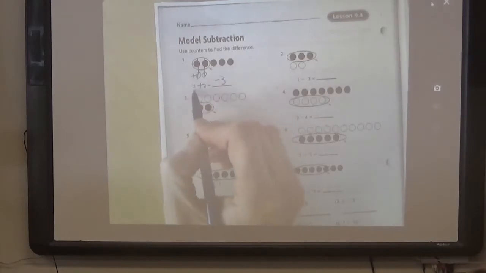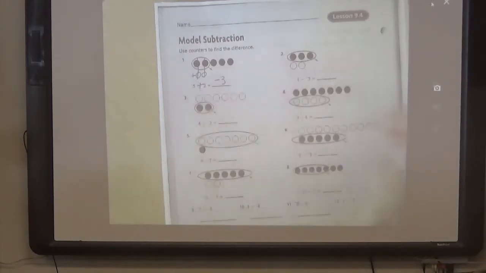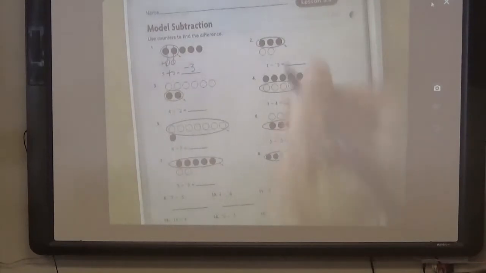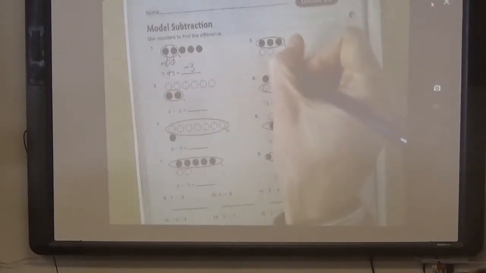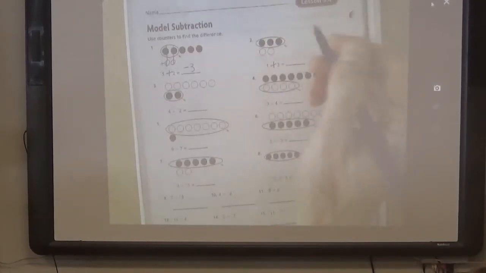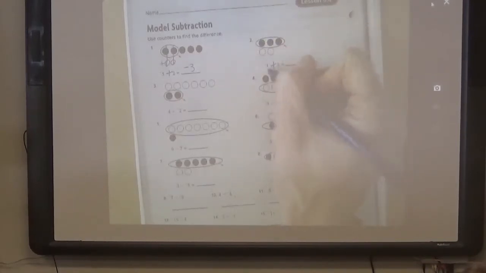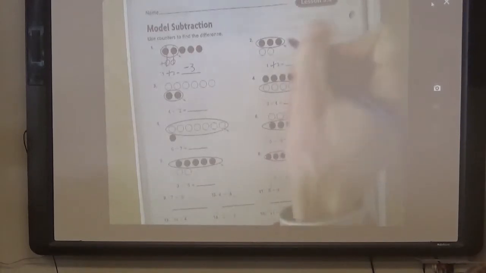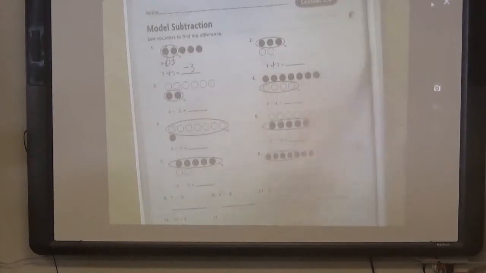Okay? Negative 5, look on your worksheet. Negative 5 plus 2. How about this one? Negative 1 plus 3. This model doesn't make sense to me. It says negative 1.